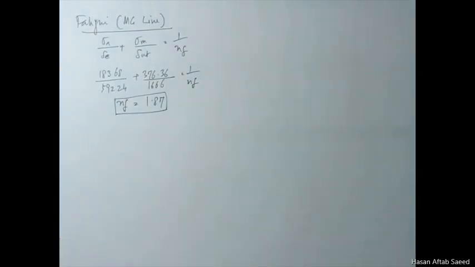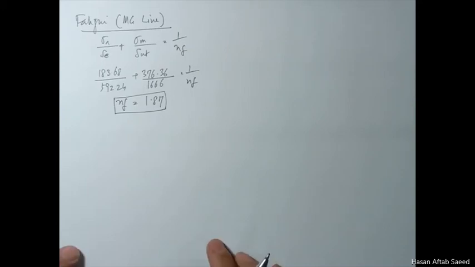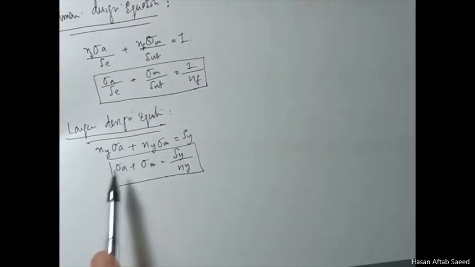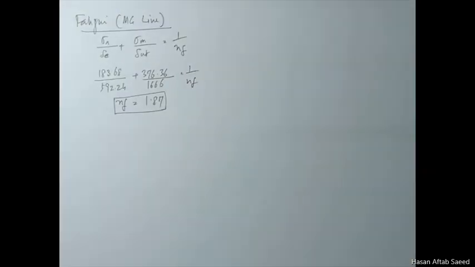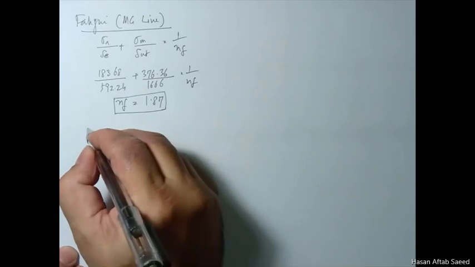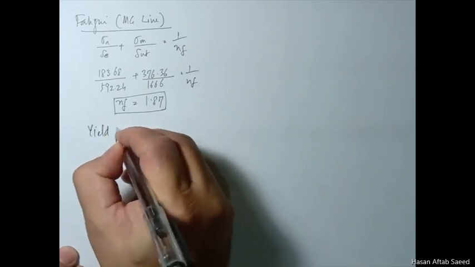Now this question does not specifically ask us to calculate the yield factor of safety, but it's good practice to always check that. For that we'll again refer to the Langer line equation, which incorporates the factor of safety: sigma A plus sigma M equals Sy over NY, for the yield check.